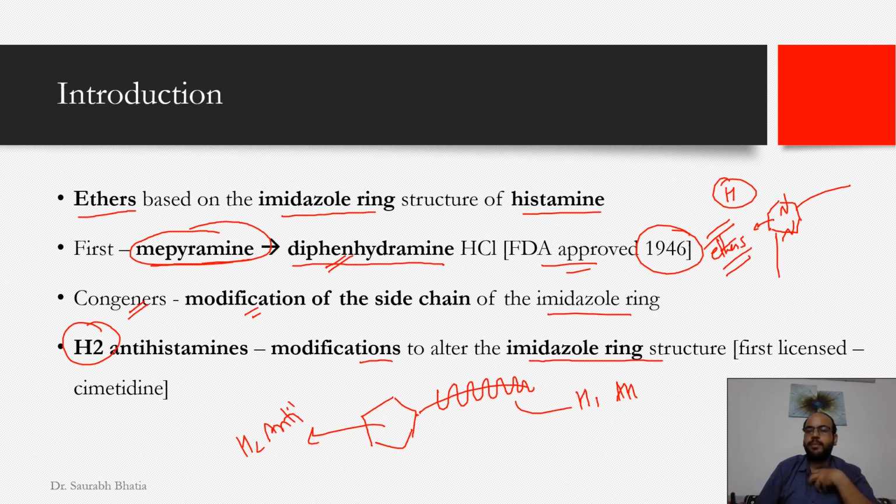For us, the H1 receptor is the most important, followed by the H2 receptors, and we will rarely come into dealings with the H3 and H4 receptors. So H1 receptor majorly, followed by H2 receptor. If you modify the side chain of the imidazole ring, you have H1 antihistamines, and if you modify the imidazole ring, you have H2 antihistamines. Okay, let's move forward.